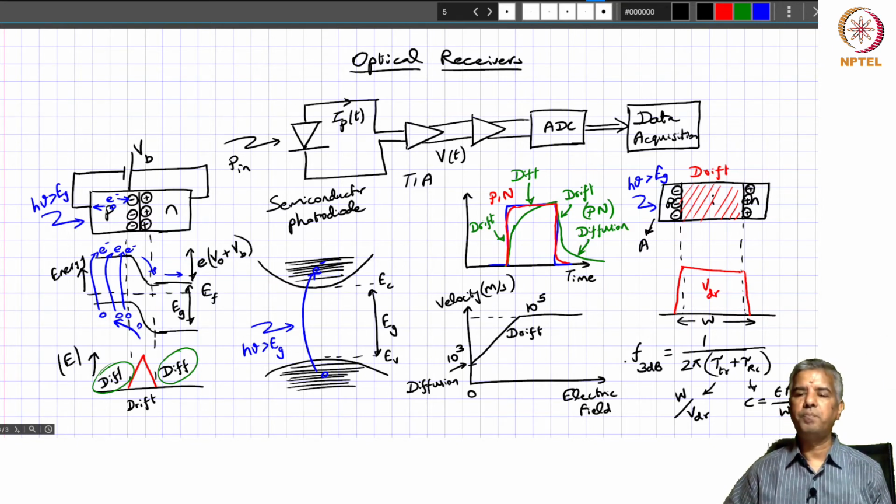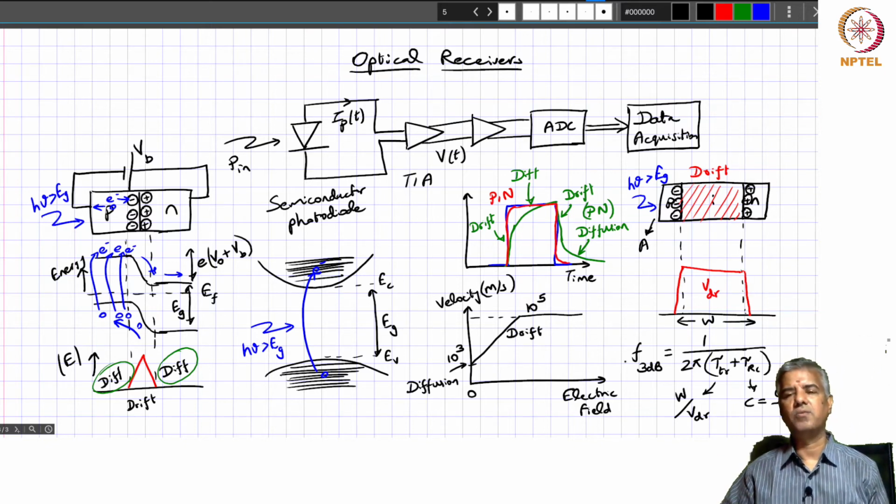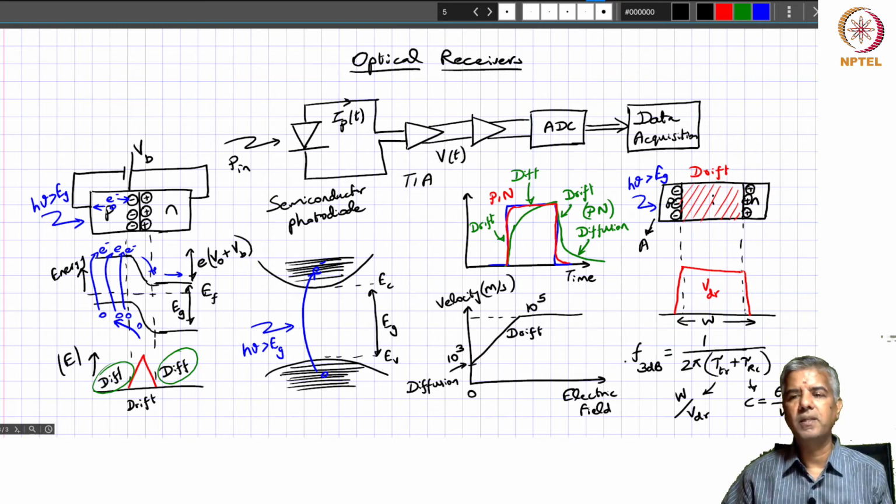So for a nanosecond type of response, you can say roughly something in the order of gigahertz bandwidth. You at least need some hundreds of megahertz bandwidth to pick up a 10 nanosecond pulse.